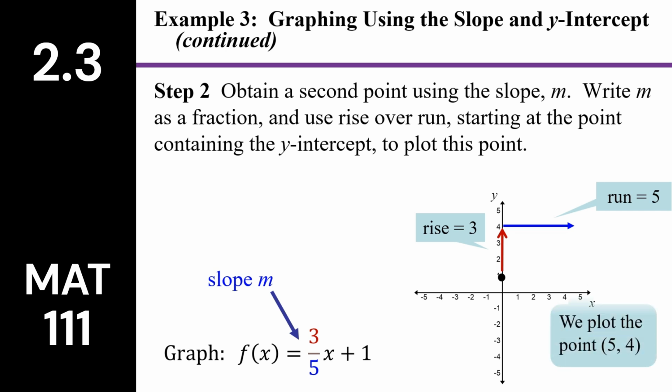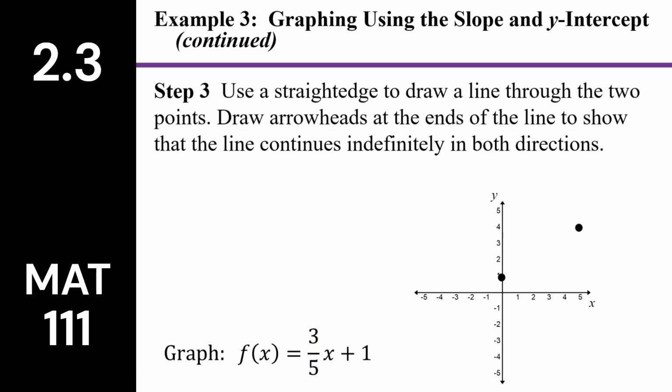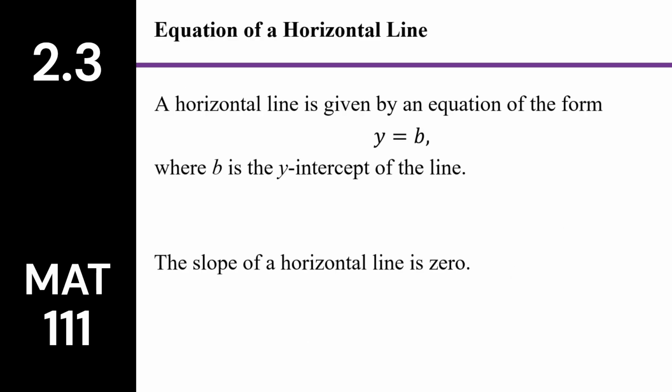When we go there, we can plot that point, which is the point (5, 4). Finally, we take those 2 points and a ruler and draw a line through them with arrowheads on each end.